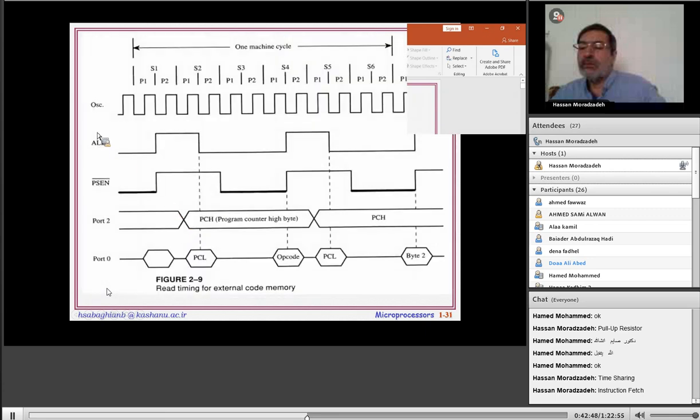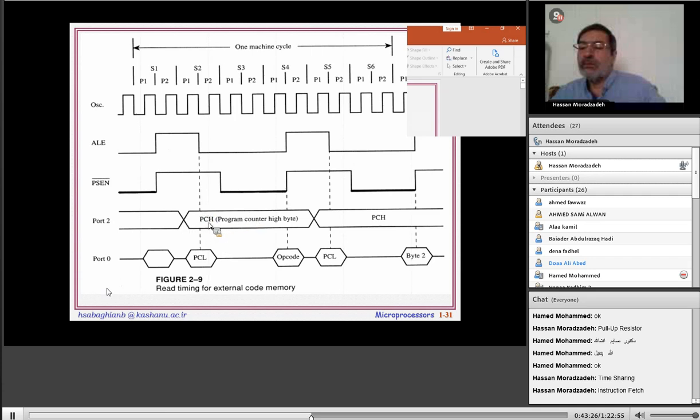Here we are reading from code memory, that means fetching the instruction. First of all, the CPU activates ALE, address latch enable, and program store enable is deactivated.